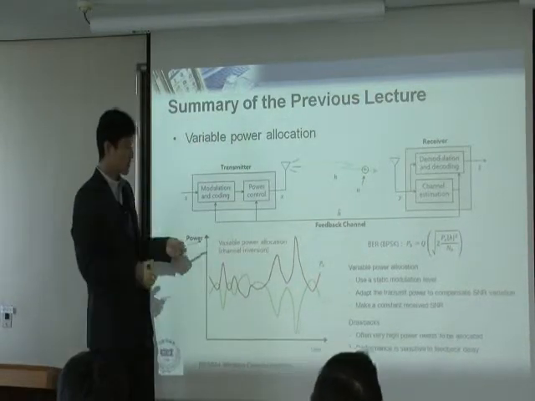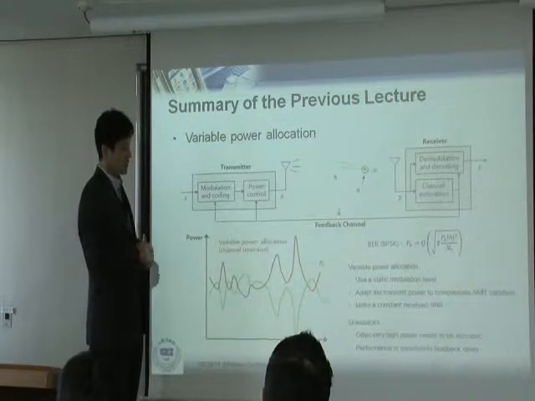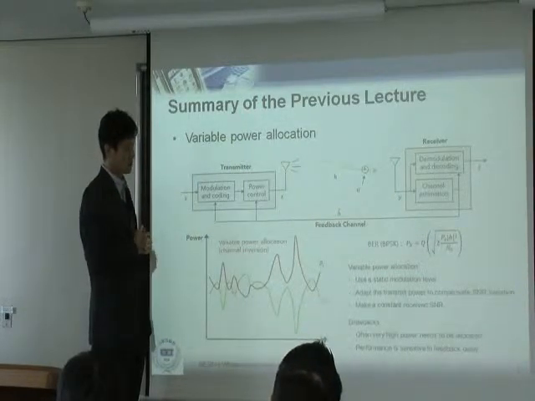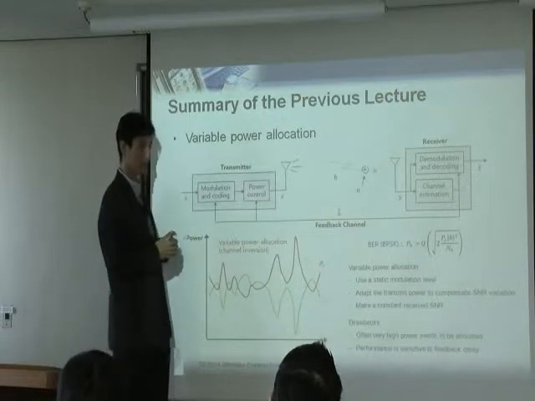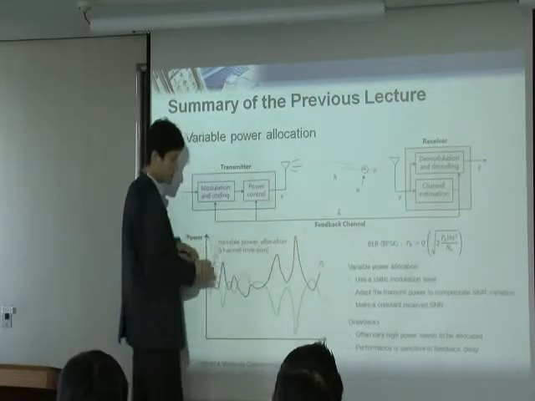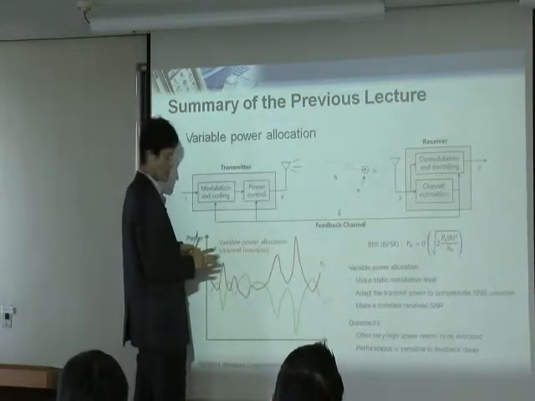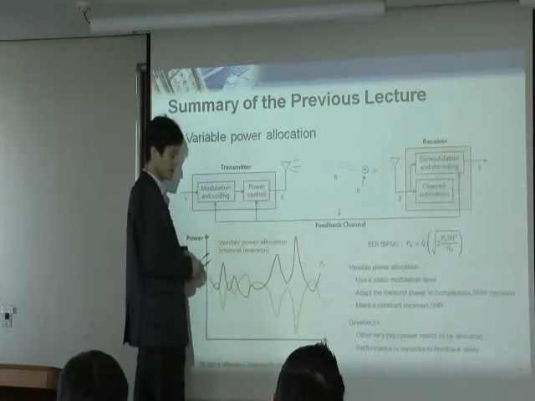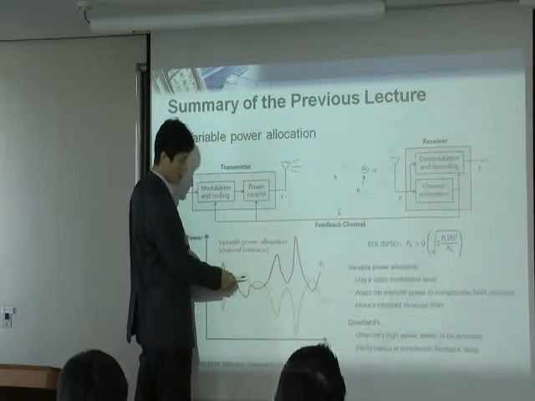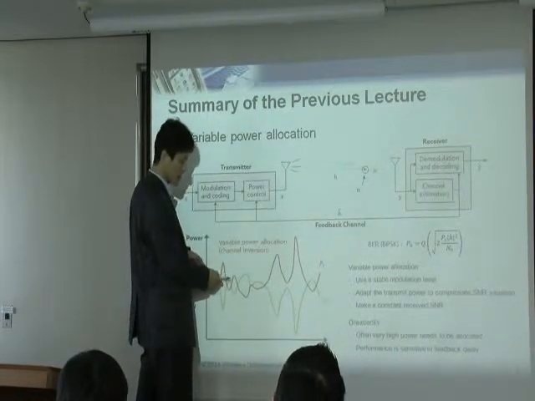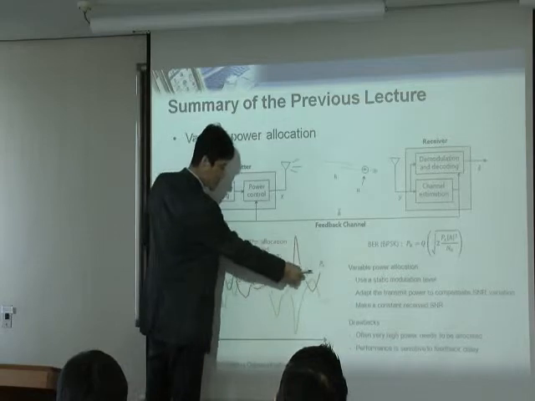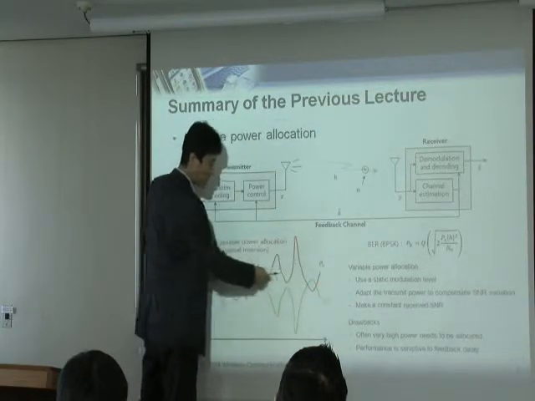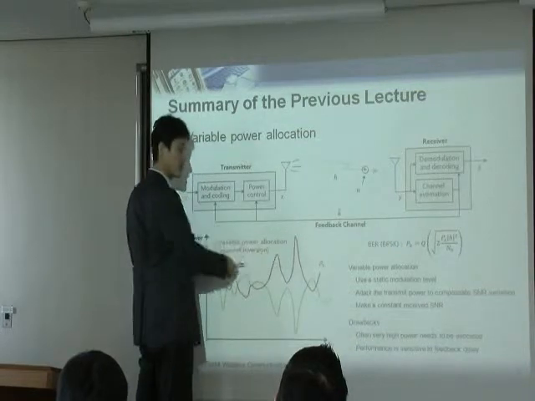Not necessarily, because when you say cost, what that means is that there will be some expense. That's a cost, right? But in this case, I don't think this is a cost, because think about the average power. You allocate the power like this, but we want to make sure that the average power is maintained.